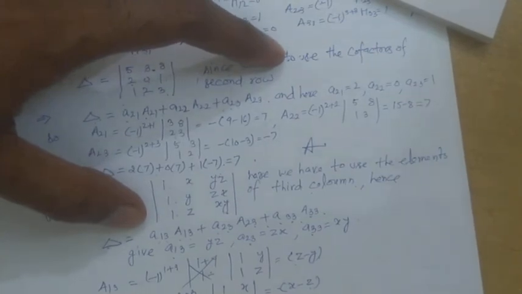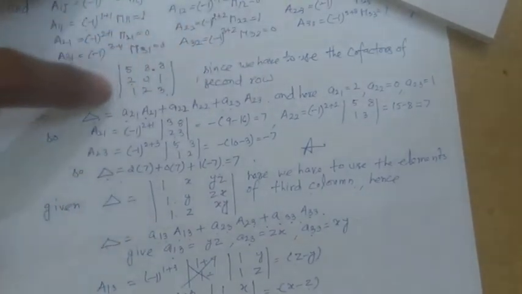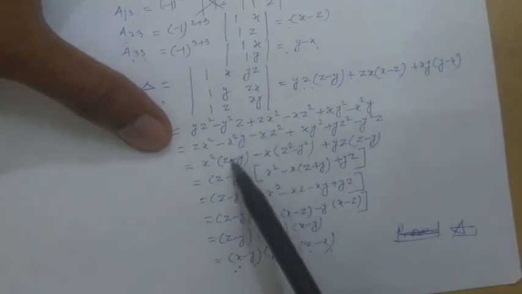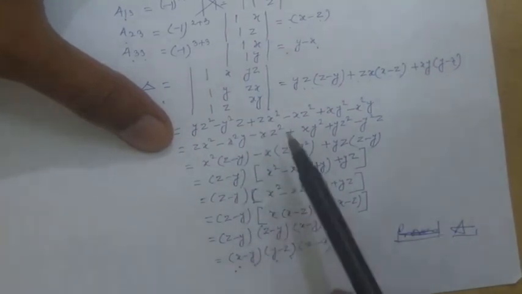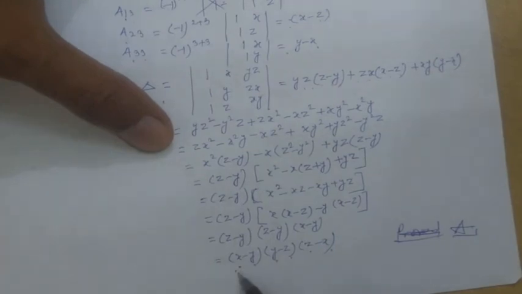After simplification, after 6 steps, we get our result: (X minus Y)(Y minus Z)(Z minus X).